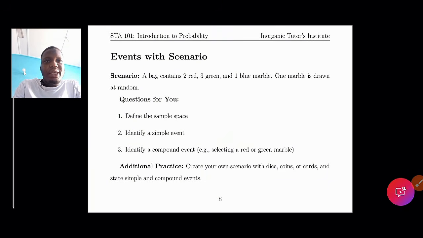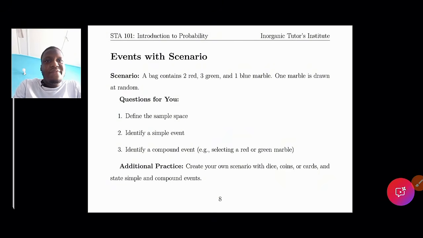The scenario is a bag contains 2 red, 3 green and 1 blue marble. So there's a bag that contains marbles of different colors. 2 are red, 3 are green and 1 is blue. One marble is then drawn at random from the bag. So you randomly pick any marble from the bag without looking at it. That's a random experiment.